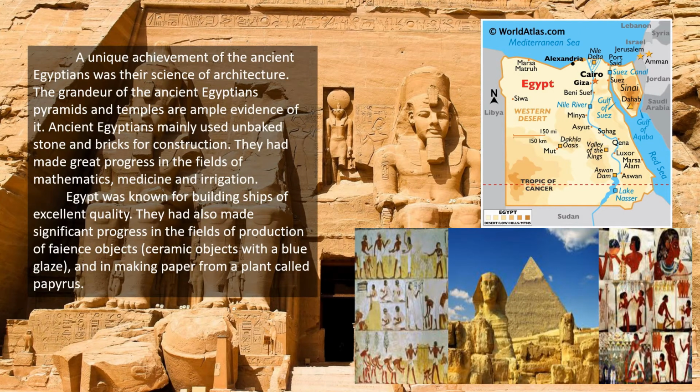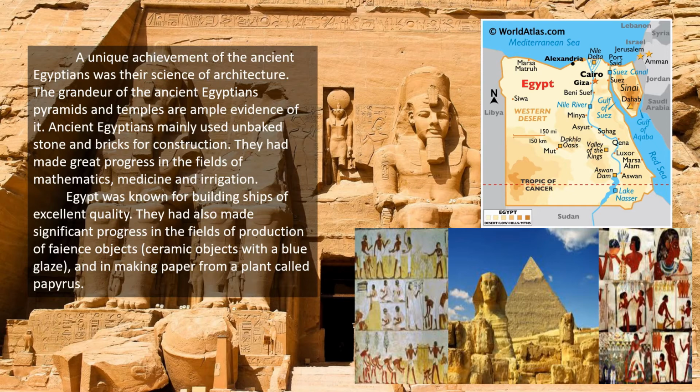A unique achievement of the ancient Egyptians was their science of architecture. The grandeur of the ancient Egyptian pyramids and temples is ample evidence of it. Ancient Egyptians mainly used unbaked stone and bricks for construction. They had made great progress in the fields of mathematics, medicine, and irrigation.